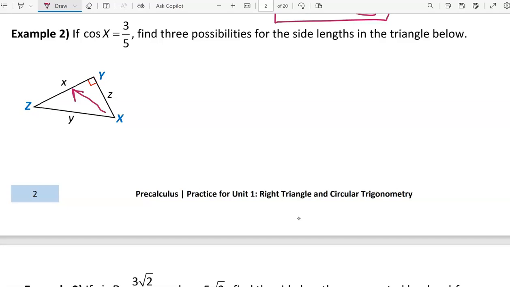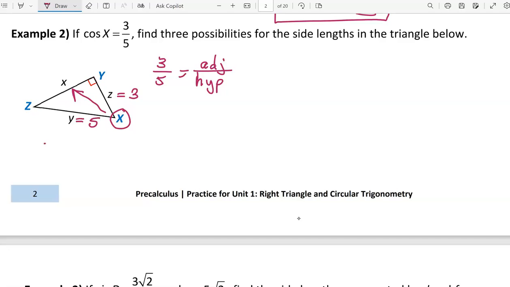All right, so if cosine of x is equal to 3/5, we know that 3/5 must be a ratio of the adjacent over the hypotenuse, since by SOHCAHTOA, cosine is adjacent over hypotenuse. And that can mean that our adjacent side is 3 and our hypotenuse is 5. So if we're talking about angle X here, our adjacent side could be 3 and our hypotenuse, y, could be 5.